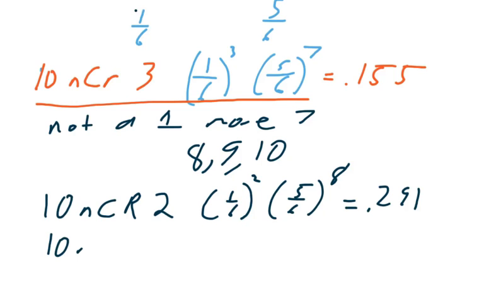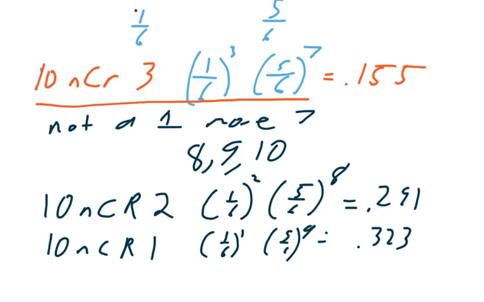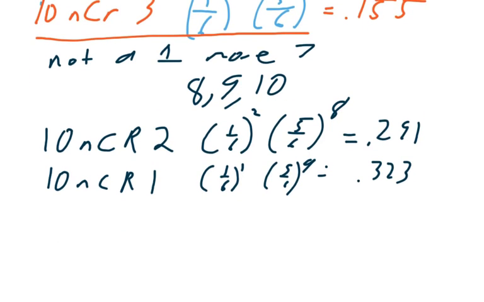Then I'm going to do the exact same thing, except we're going to do 9 times missing and 1 time getting. And so when we put this into our calculator, we get 0.323. And then what happens if we don't get any?